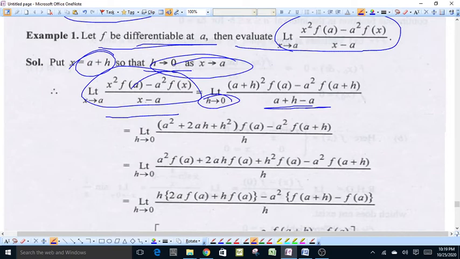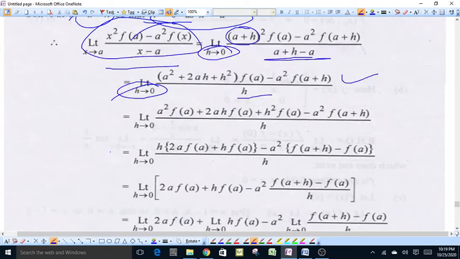Now if we expand this square of (a + h), we get (a² + 2ah + h²) f(a) − a² f(a + h) upon h, limit as h approaches 0. This will be equal to the limit as h approaches 0 of a² f(a) + 2ah f(a) + h² f(a) − a² f(a + h).